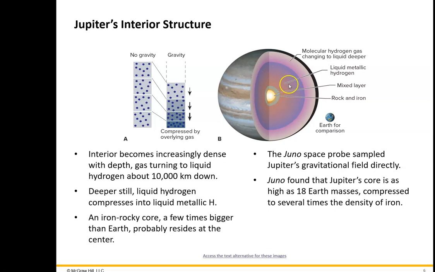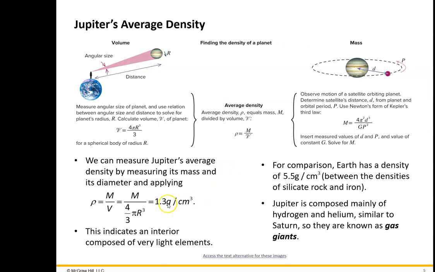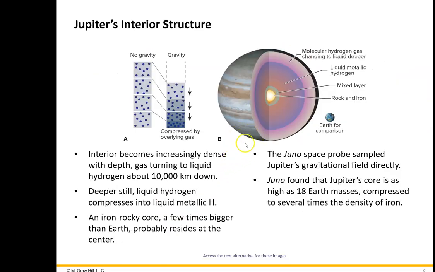We can use this physics to figure out what the density would be really close to the center, and the density would be just tremendous, like many times the density of just normal iron, right? And yet the overall density, because it's such a big planet, is still about 1.3. Right? So that's sometimes called the bulk density. Just to let you know.